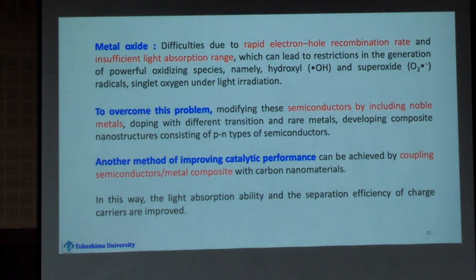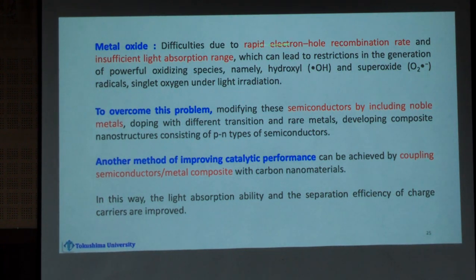Why? Because metal oxide, especially TiO2 like metal, has some difficulty in the rapid electron hole recombination. So that electron hole recombination is the disadvantages and insufficient light absorption range. Okay? Up to certain it can give the response, but it cannot extend its absorption band.